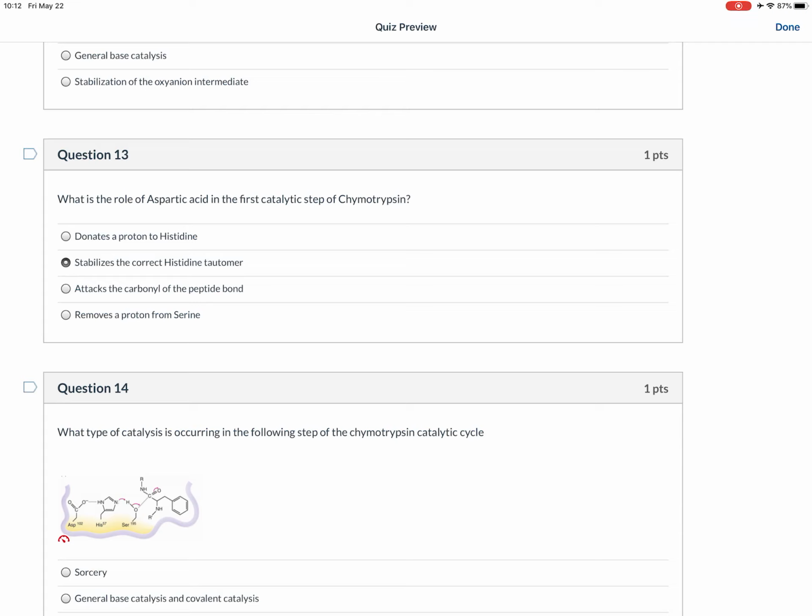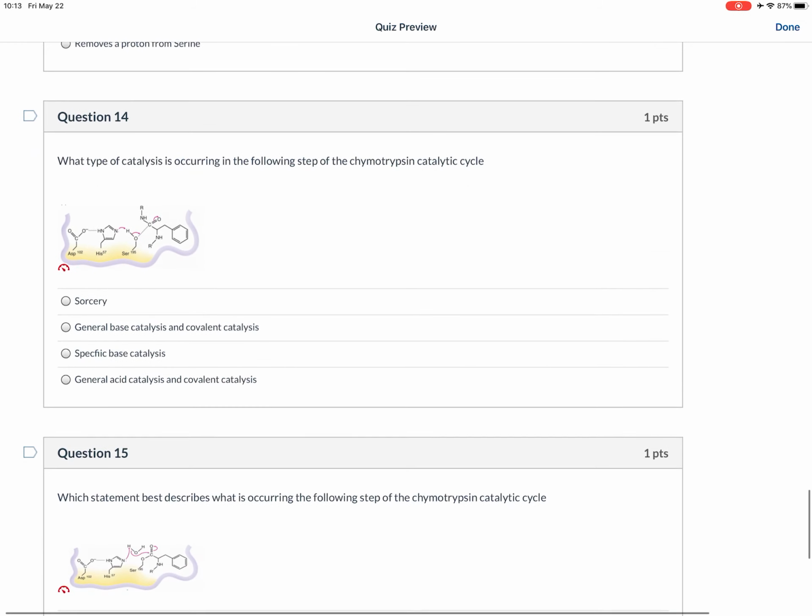That double bond could jump back and forth on this histidine, and that means either one of those nitrogens at any given time could have a hydrogen on it. But we don't want either one to have a hydrogen. We want only the one facing aspartate to have the hydrogen, so that the other nitrogen is free to do general base catalysis. So that is the role of aspartate, to make sure histidine's facing the right direction and that the nitrogen has lone pairs on it.